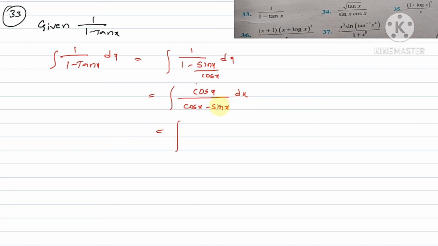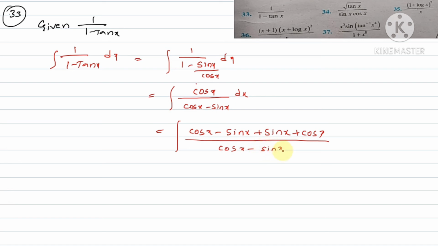So this step is very important because I am making some different substitutions. So I am writing cos x minus sin x as it is, plus sin x plus cos x upon. This is very important and students are very much confused in this case.